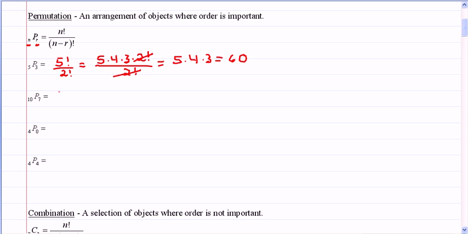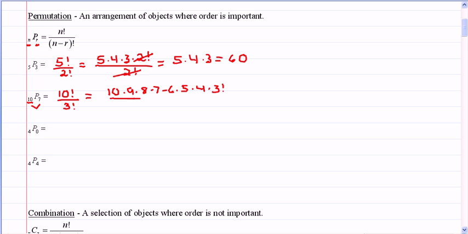So for 10P7, this is 10 factorial. I start with the number on the left and then divide it by the difference between 10 and 7, which is 3 factorial. And starting with 10 factorial, I'm going to write 10 times 9 all the way down and stop at 3 because that's the denominator. So I just write 3 factorial.